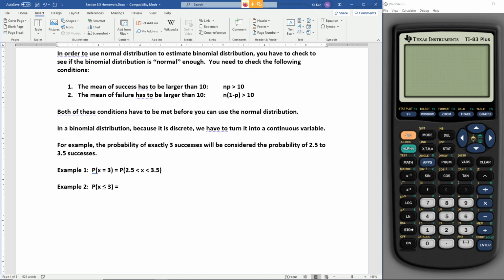Then that will be equal to the probability. So I should say this is binomial probability. This is normal probability.